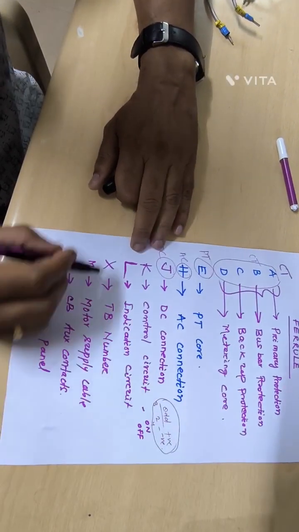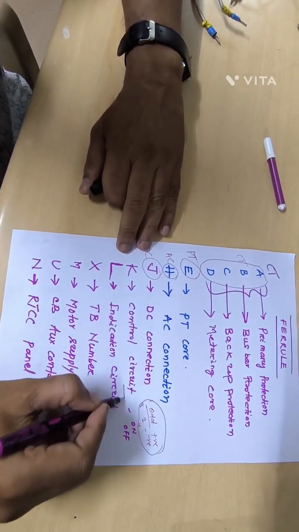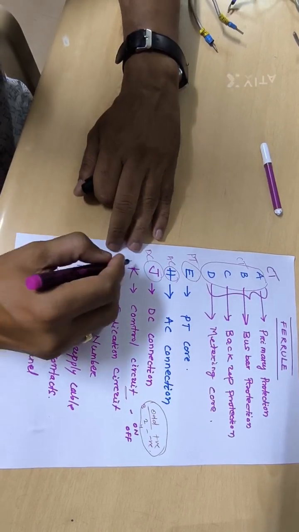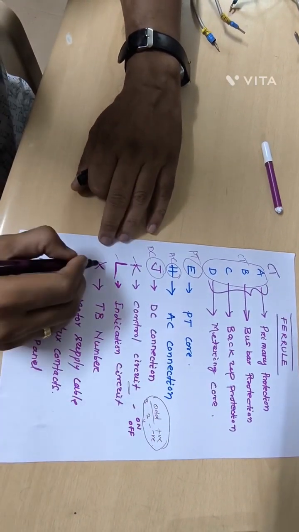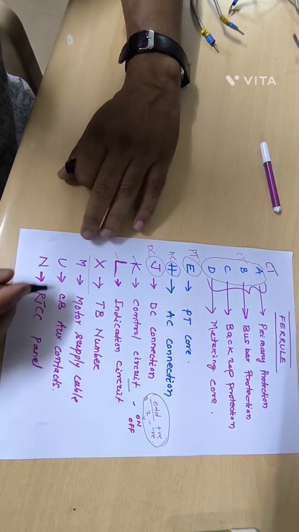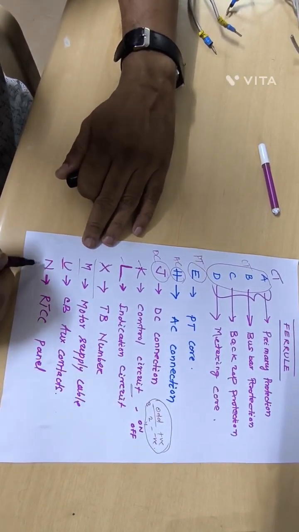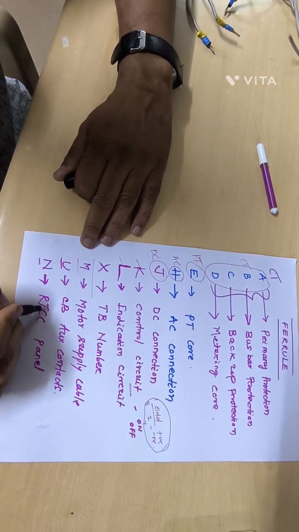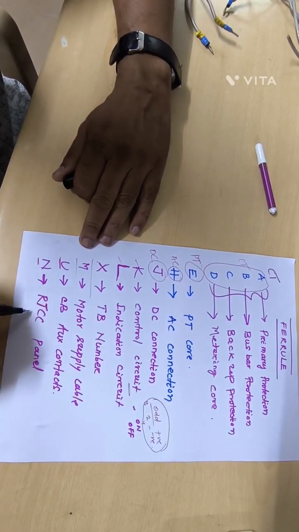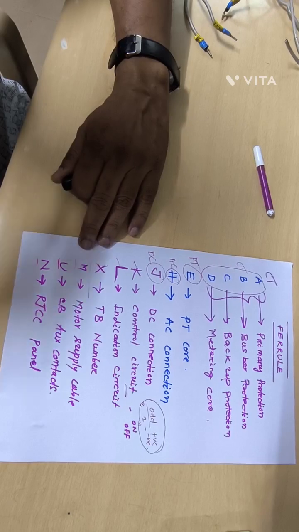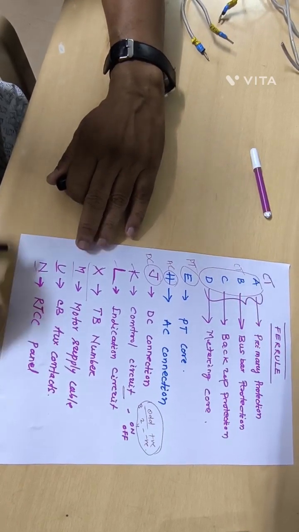So this is DC. K is for control circuits. L is for indication circuits. X is the TB number. M is for the motor supply. U is for the CB auxiliary contacts. N is generally for the on-load tap changer, in the RTCC panel, the remote tap changer control panel. The N ferrule will come.